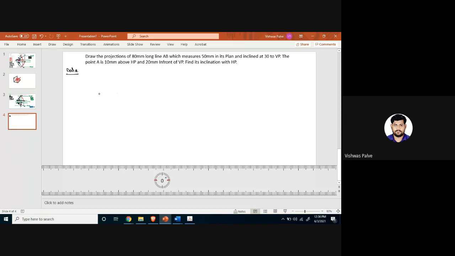So what is this 80 mm? True length. Yes, true length 80 mm. Long line AB which measures 50 mm in its plan. So what is that? Plan length is equal to 50 mm.